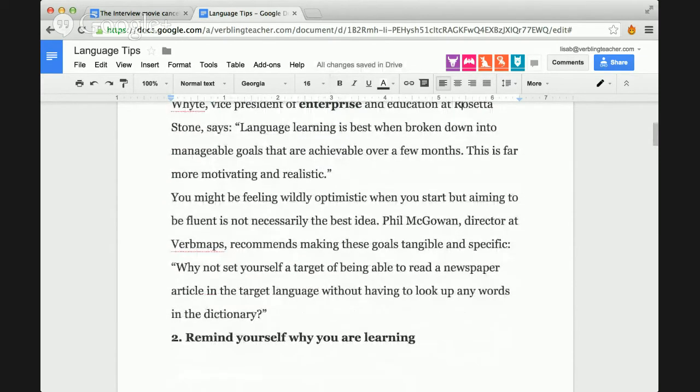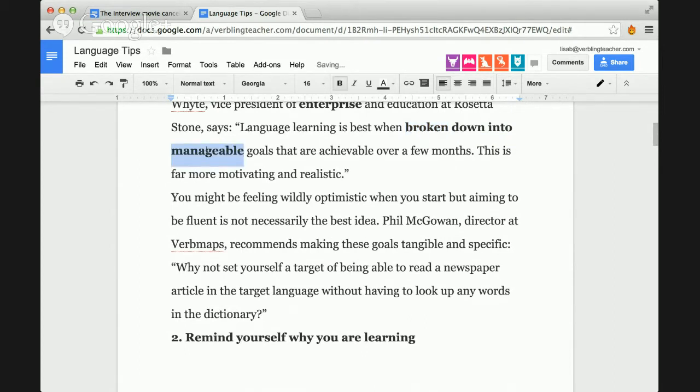And so he's saying language learning is best when broken down into, so when we're talking about to break something down into smaller pieces or manageable goals, we're just separating it. So that's what to break something down means, to kind of tear it apart and break it into pieces. And in this case, manageable ones. So instead of saying, I want to be fluent, you say, I want to be able to do this, and maybe give yourself a time period even.